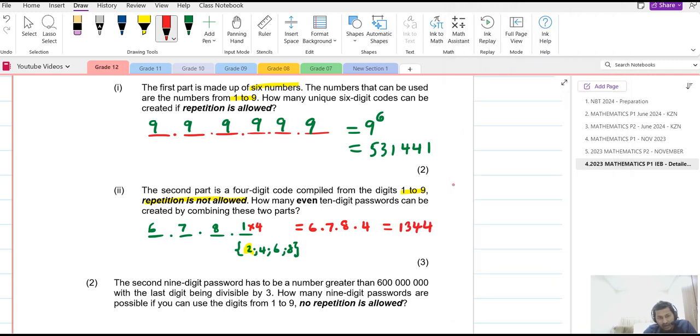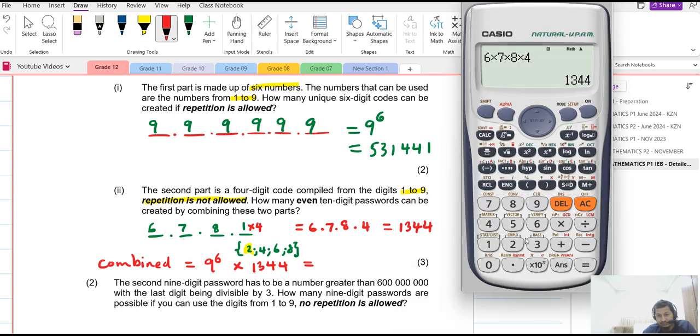Now, how many even 10-digit passwords can be created by combining these two parts? So now combined, I need to take 9 to the power 6 and multiply by 1344. It's the counting principle, so you need to multiply, because it's a 10-digit password. 1344, a very large number, right?